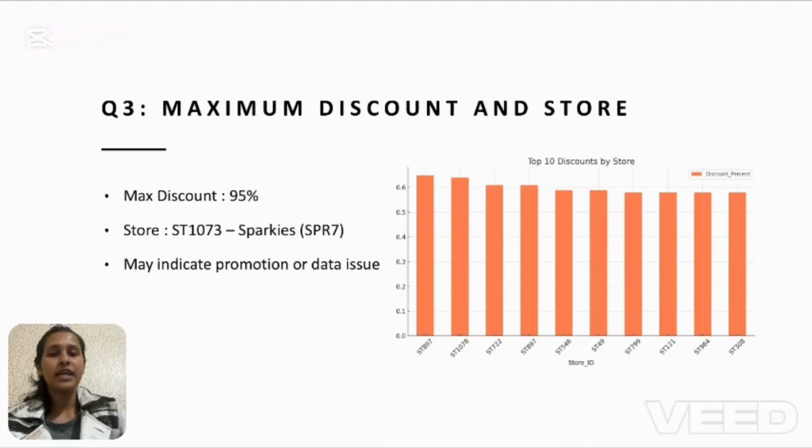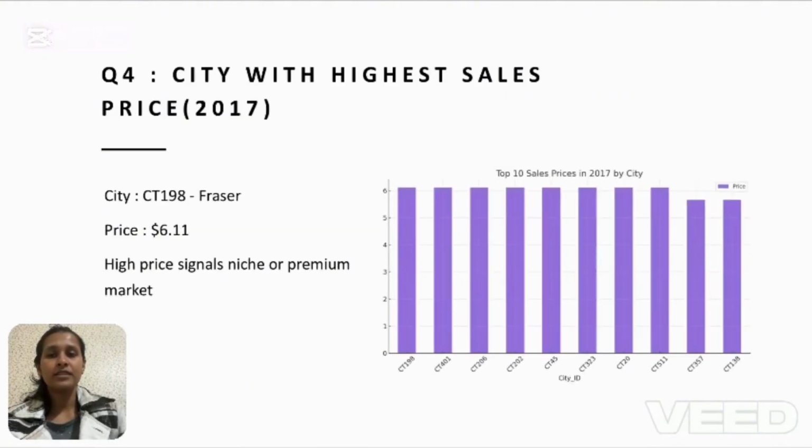While this could indicate a clearance sale or special promotion, it might also flag a data integrity issue or a breach of pricing policy. And business analytics helps identify such outliers for further investigation.